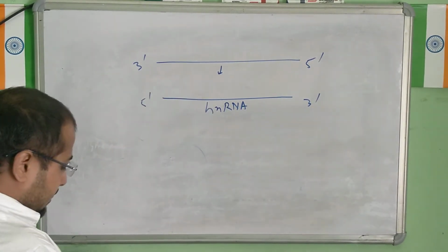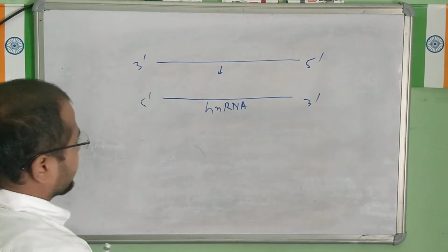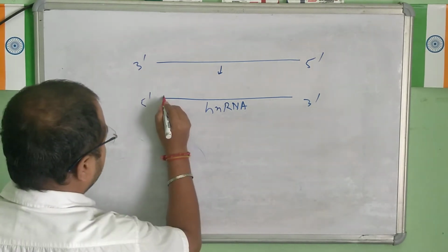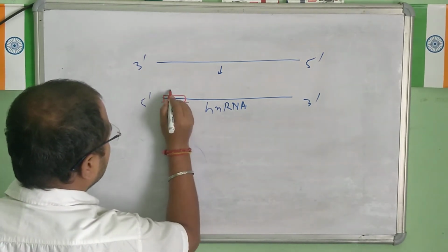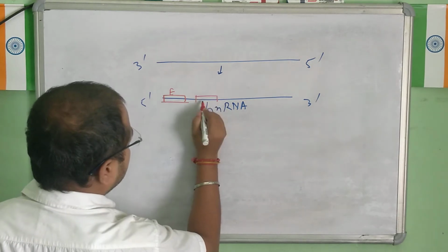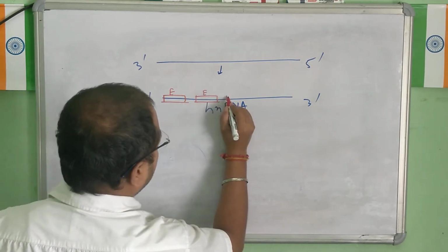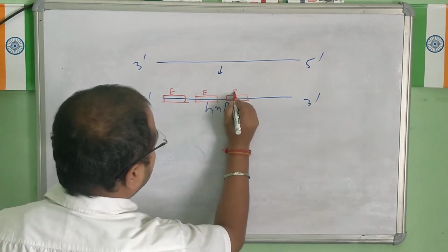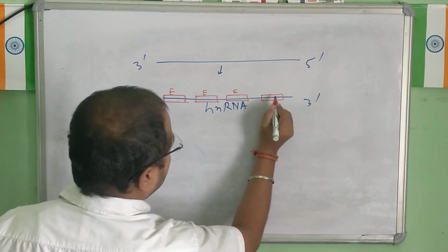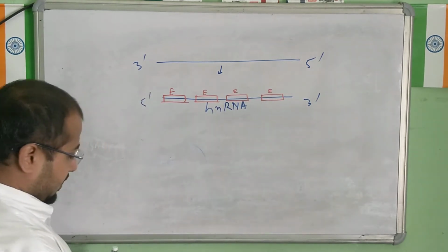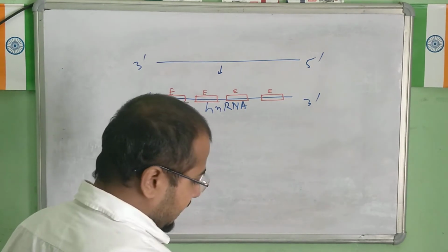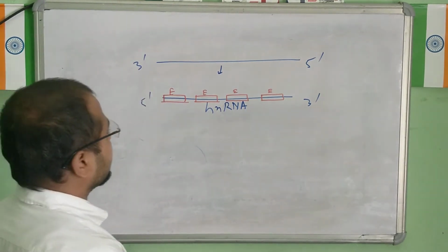For example, you see, suppose this is the part which is the exon here. All the red parts are the exons here, and in between what we see are the introns. Clear?